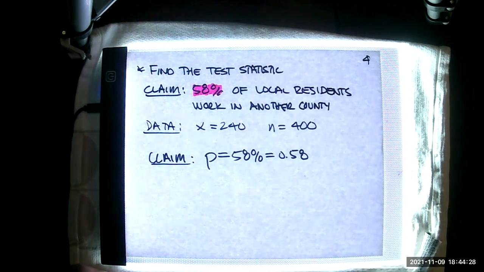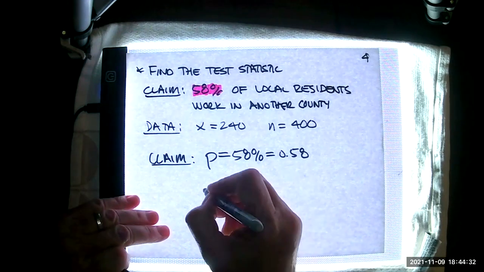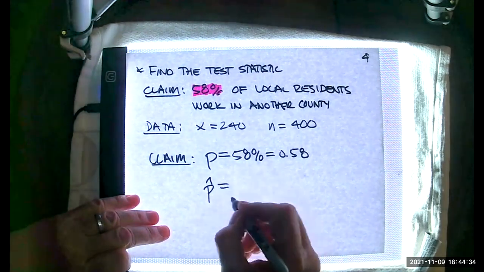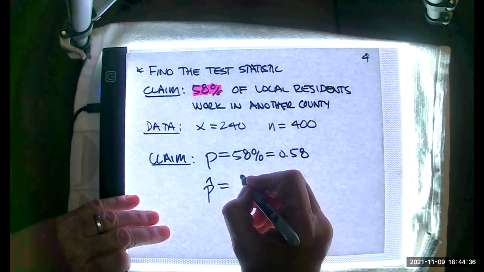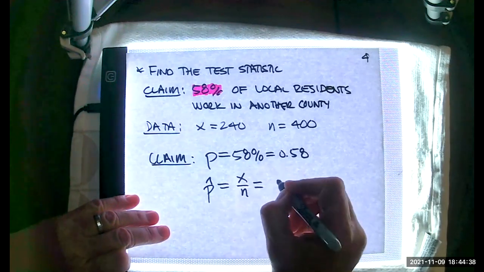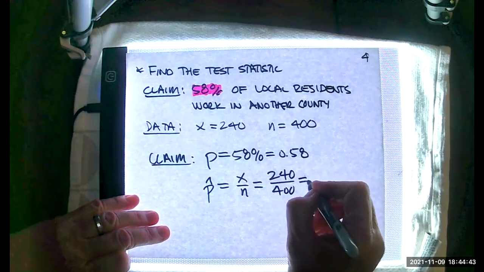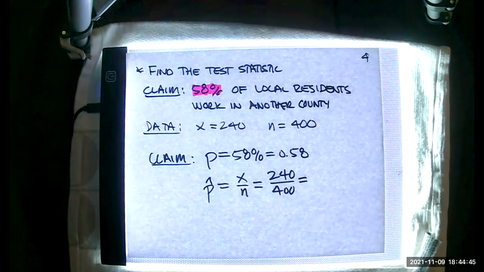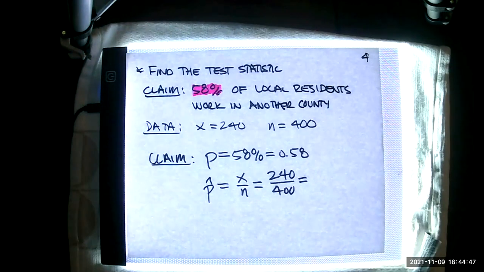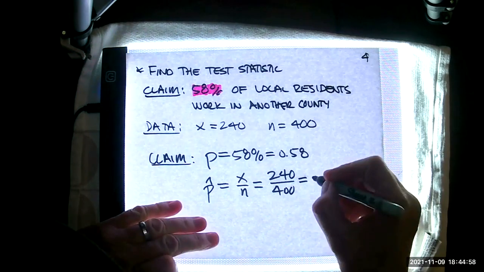calculate our test statistic. Now I've got to compare this to my sample data. That's my sample proportion, my p hat. That's the x over n, or the 240 over 400. If I take a look at that, I believe that is about 60%, give or take, 0.6.